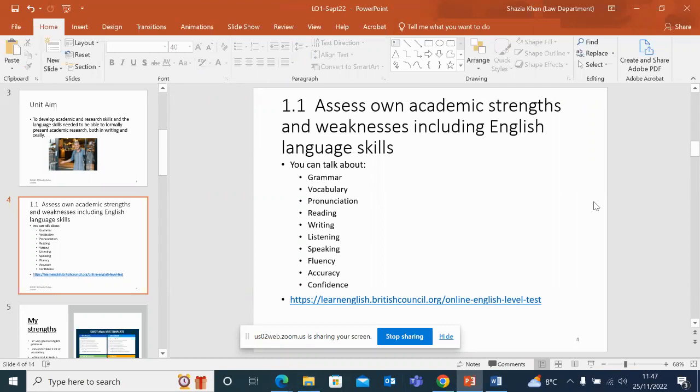And you need to talk about your pronunciation, your writing, your reading. Why is it so important for your reading skills? Why do you think you need them? Yeah, people understand your ideas. Yeah, it's very important to understand things and to be able to put things across to people.